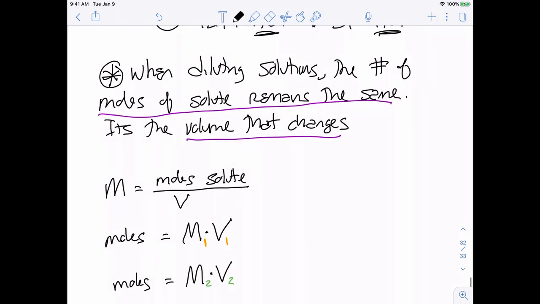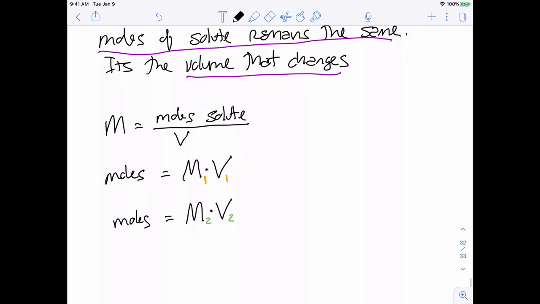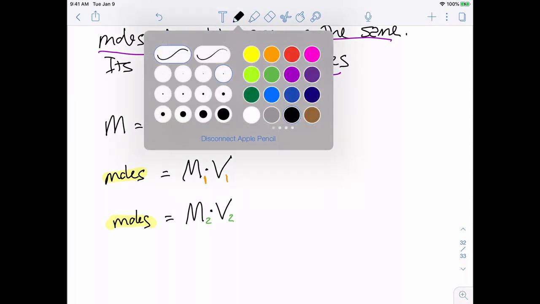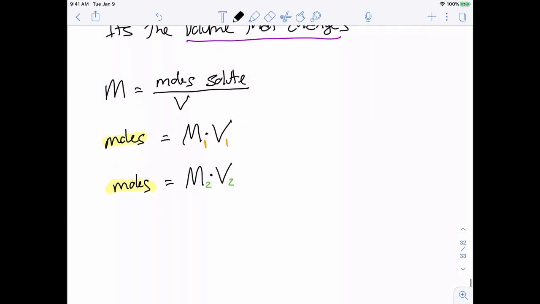Back up to this sentence. When diluting solutions, the number of moles of the solute remains the same. So these two numbers are equal. They didn't change. So if moles is equal to M1 times V1, and moles is also equal to M2 times V2, then using whatever that mathematical property is, I don't remember the name, if something's equal to a number and something else is equal to the same number, then those two somethings are equal to each other.